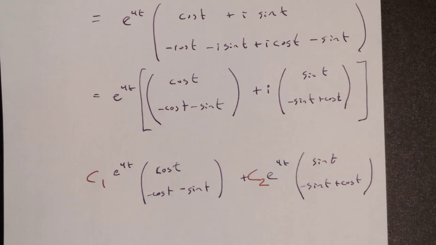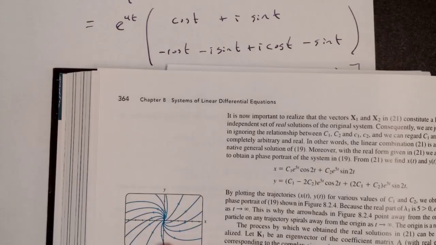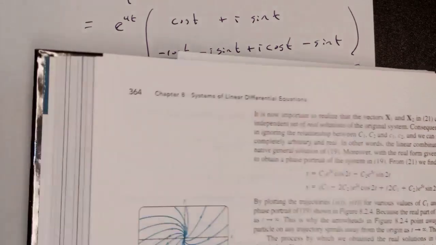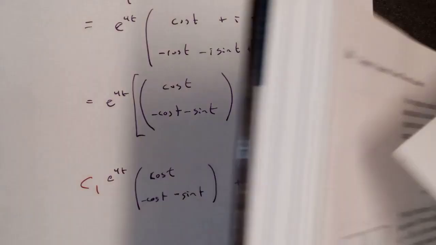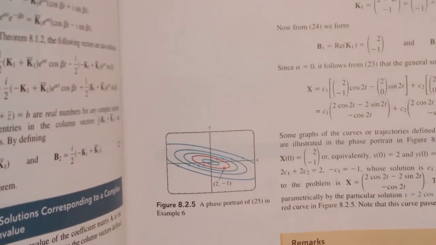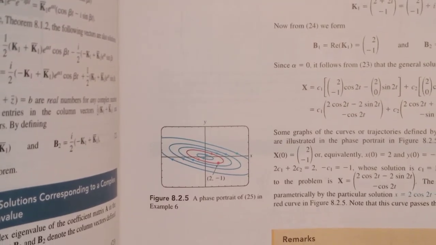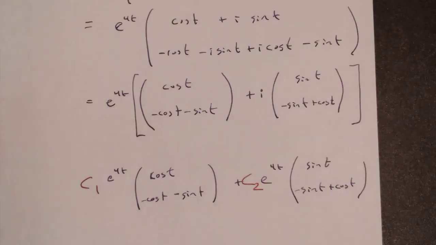Phase portraits for stuff like this go out in a spiral. If the real part is 0, we get ellipses whose major and minor axes are the vectors that go with the cosine and the sine.